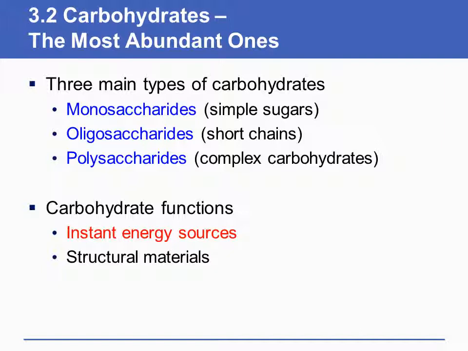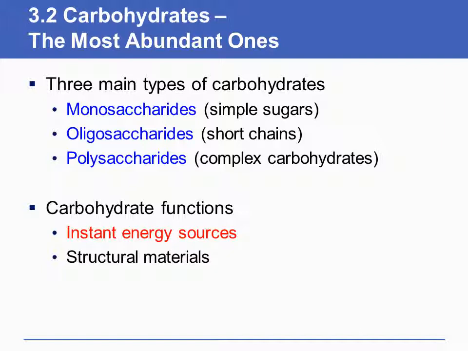And more specifically, why do we need carbs if we also have fat and proteins that can serve as sources of energy? Meaning that if our body needs energy, we can get the energy from fat, we can get it from protein. So what makes carbs so special? What makes carbohydrates so special is that they provide energy faster.